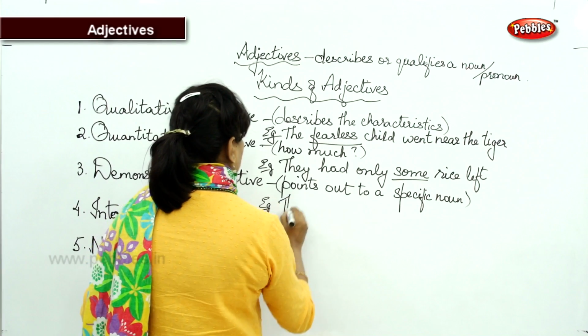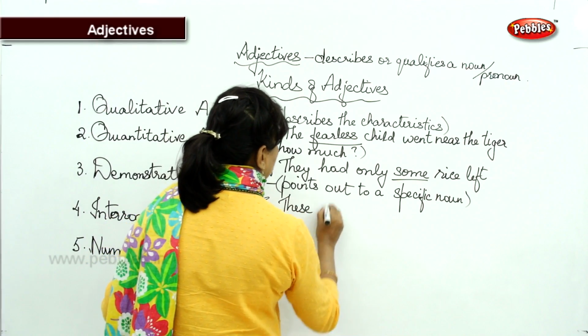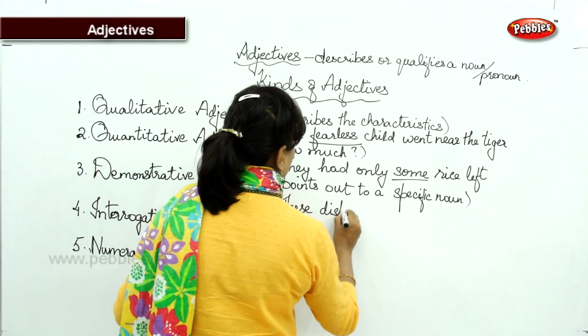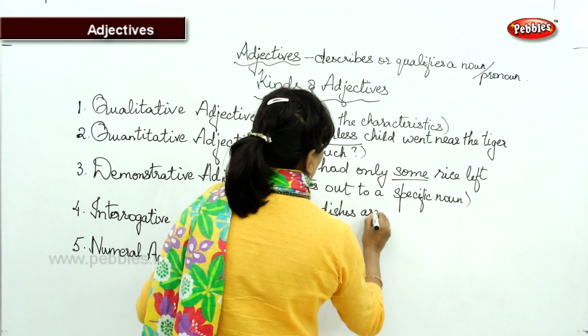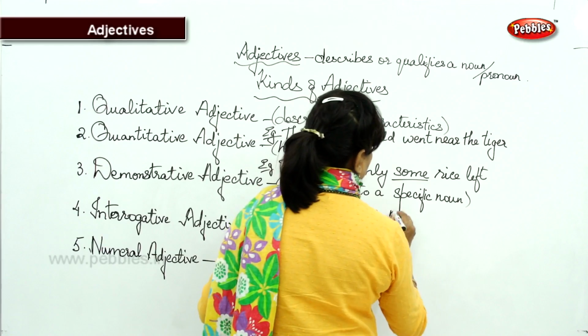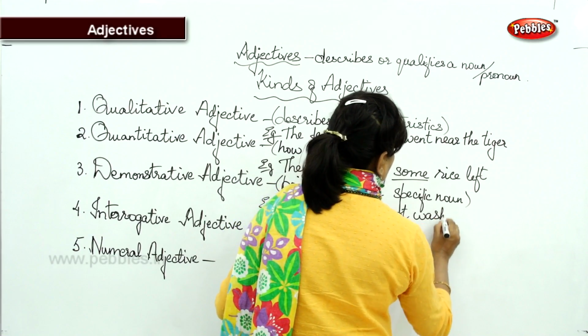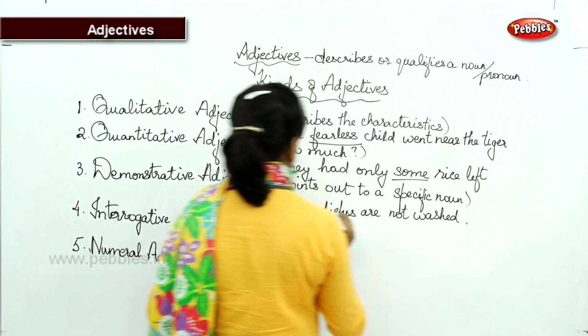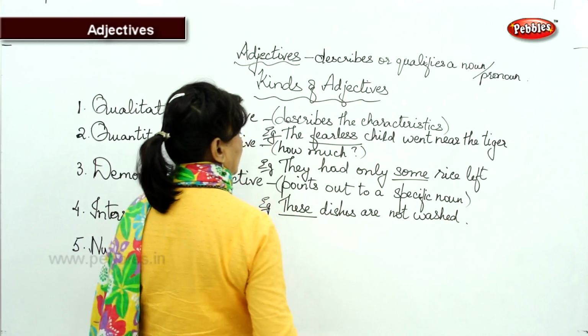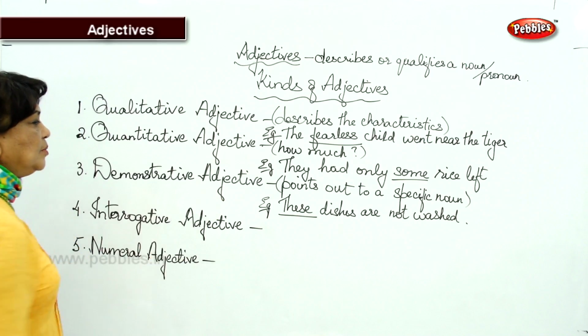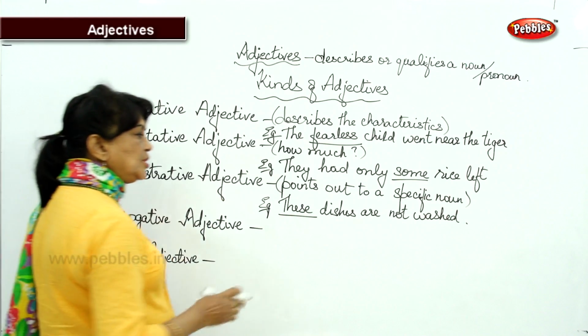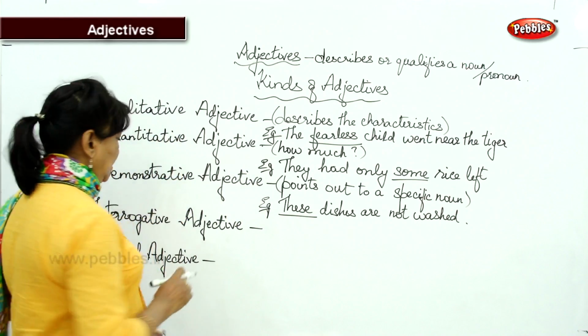Example, these dishes are not washed. These. Okay, points out to some specific. Which dishes? These dishes. Okay.